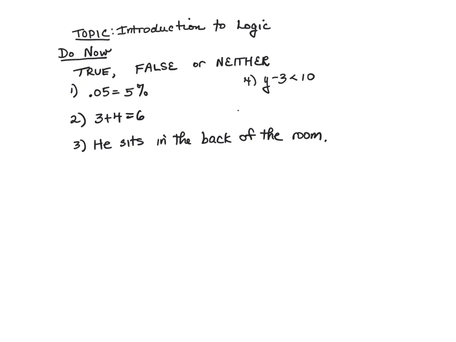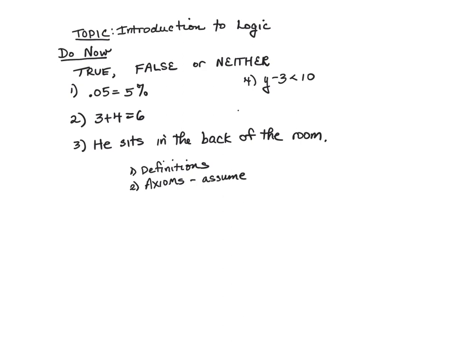logic is a mathematical system, and to develop a mathematical system, we need these three ingredients. 1, definitions. We have to start with the words that we define. 2, axioms, and these are statements we assume are true.